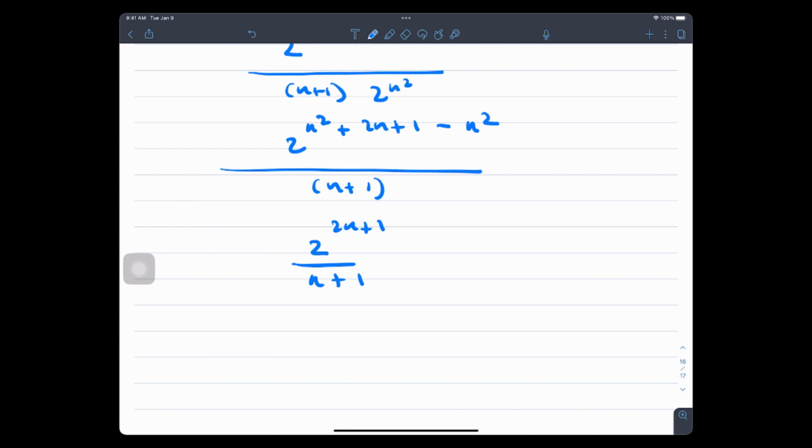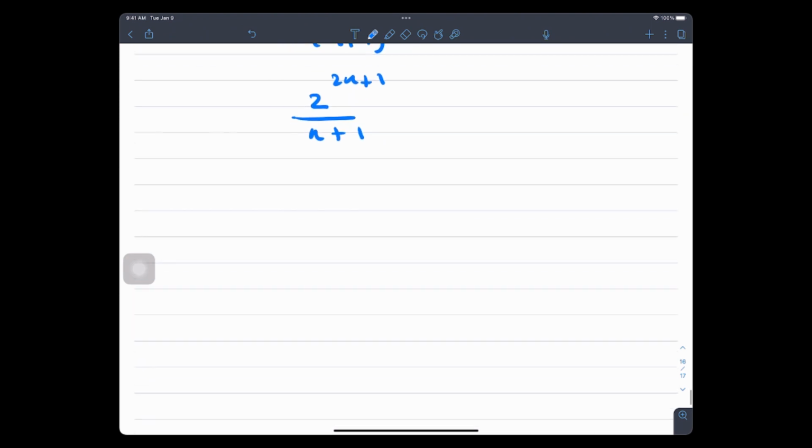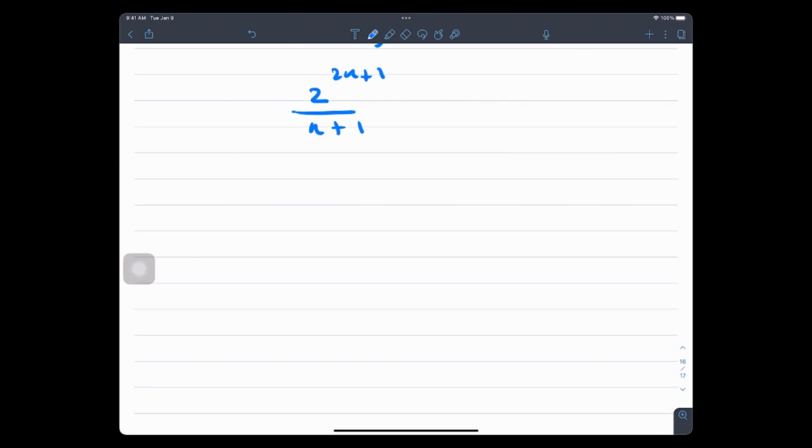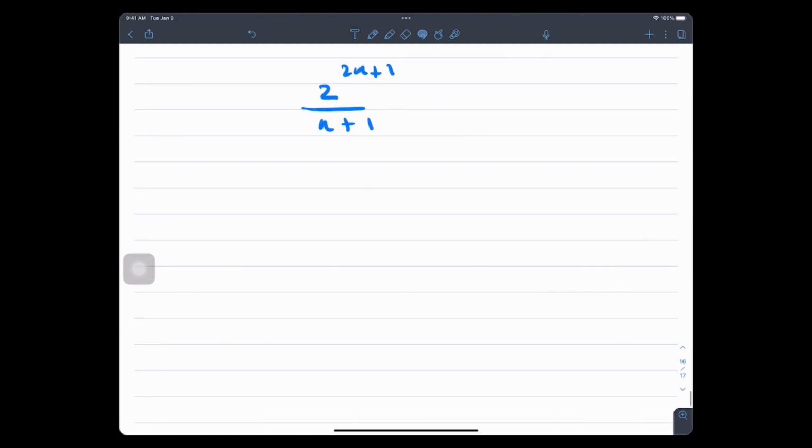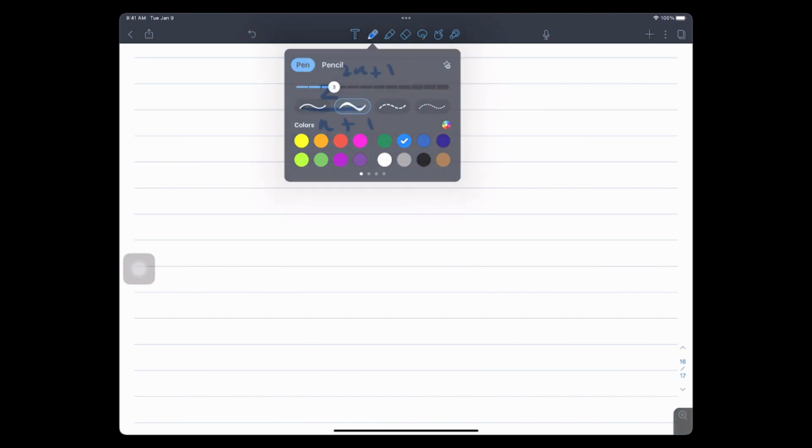So what happens now, ladies and gentlemen? What's going on here with this? You've got to take this limit, right?